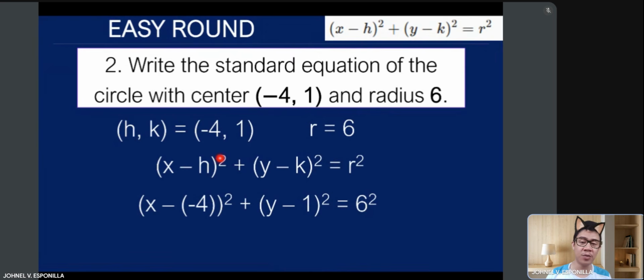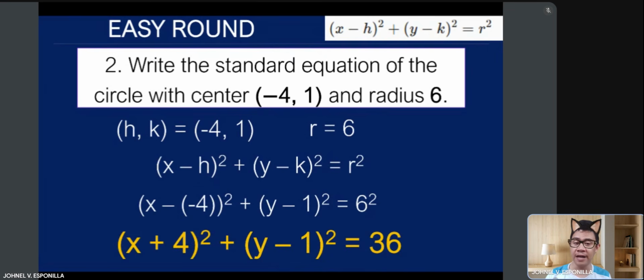H again is equal to negative 4, k is equal to 1, and r is equal to 6. Double negative becomes positive, and square the 6 to get the radius squared. Okay, so this is now the standard equation of the circle. The square of x plus 4 plus the square of y minus 1 is equal to 36.